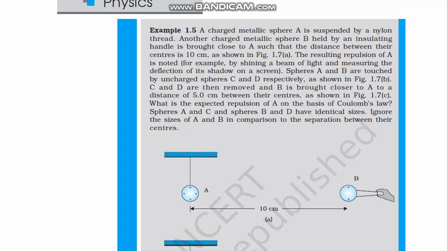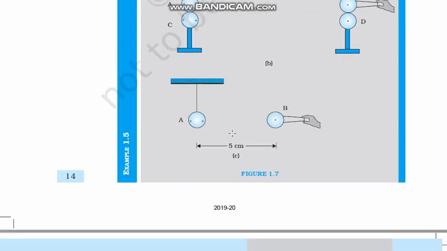Now what we are doing with this B is bringing B closer to a distance of 5 centimeters rather than a distance of 10 centimeters. Now B is 5 centimeters apart from A, center to center, as shown in 17c, the third figure. Now the distance is 5 centimeters.